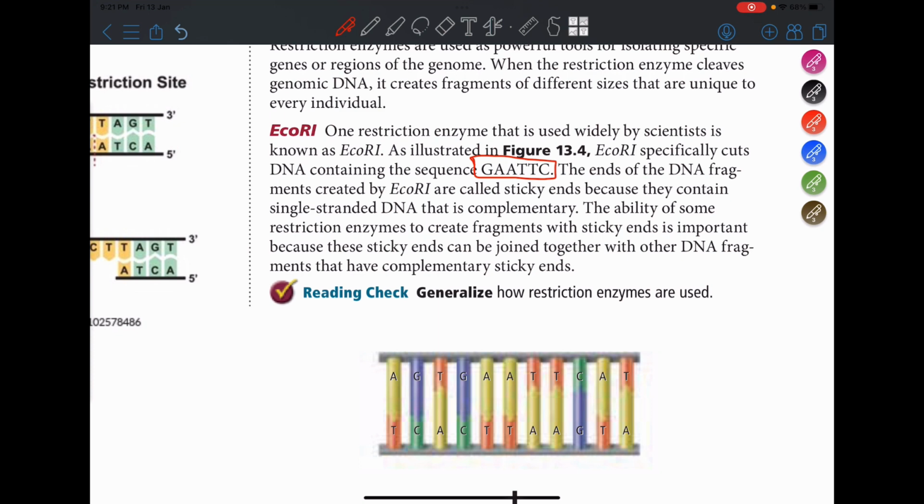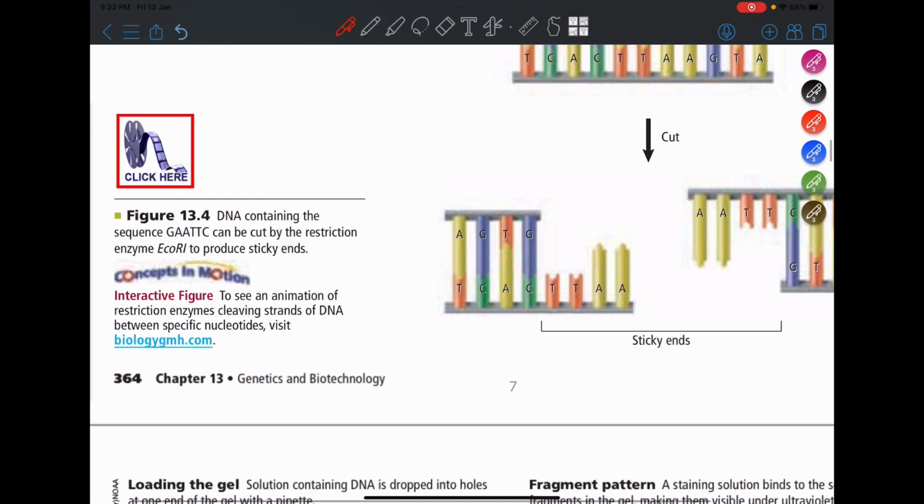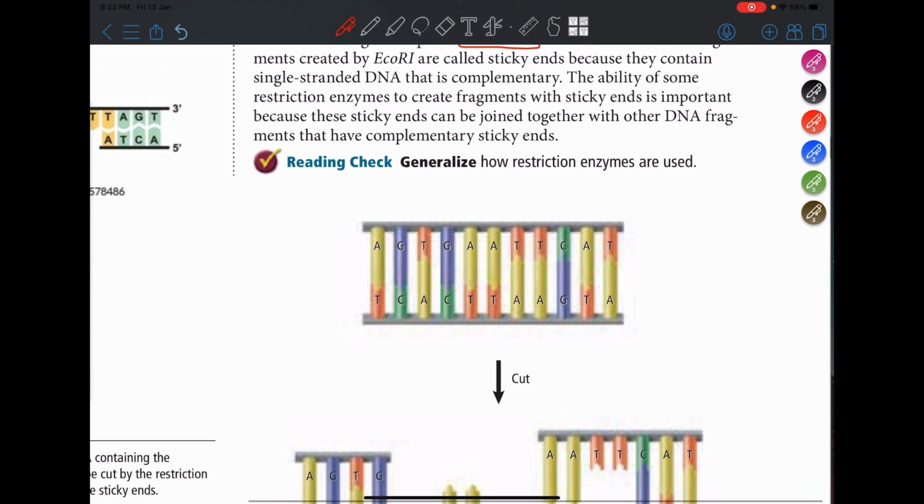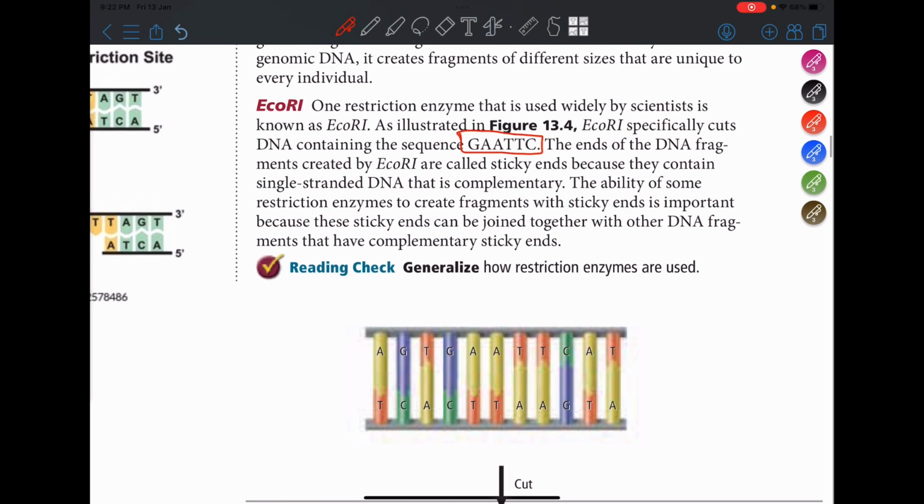Now, the ends of the DNA fragments that are caused by ECO cutting them are called sticky ends. These ends right here are called sticky ends, and that is because they were complementary to something.